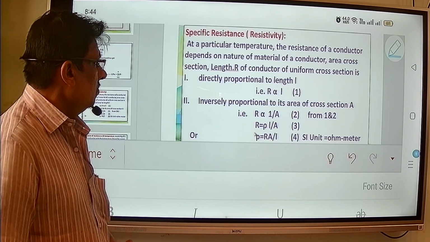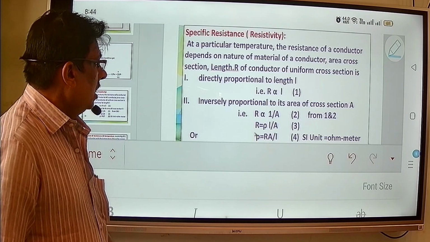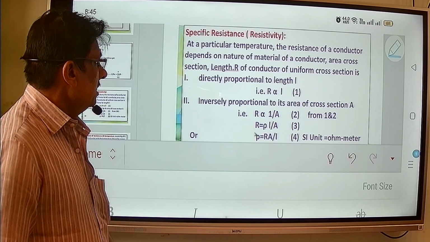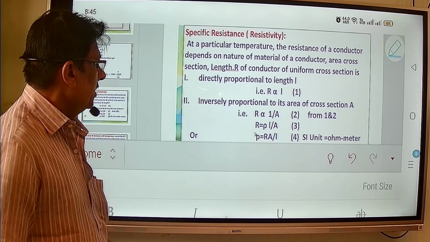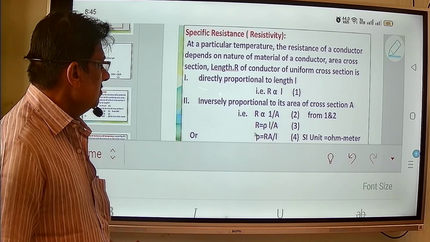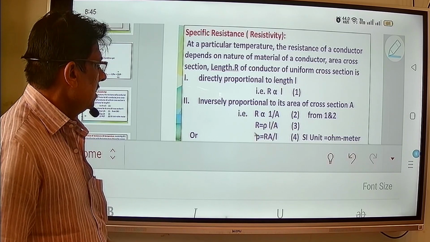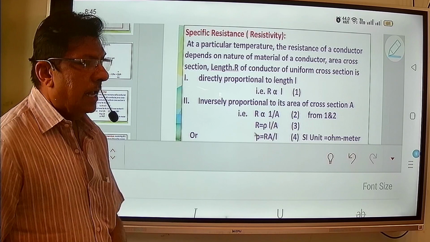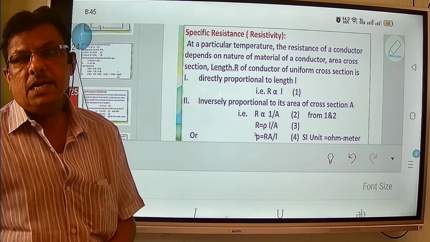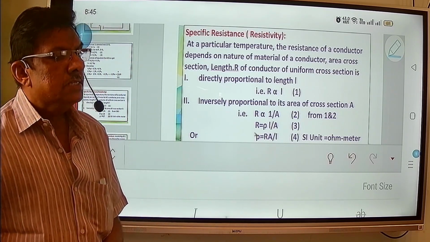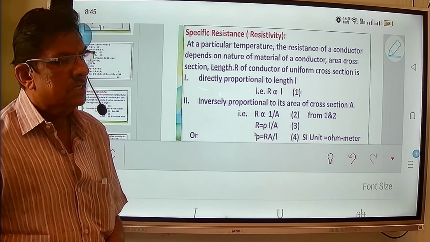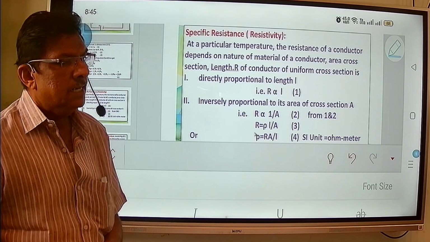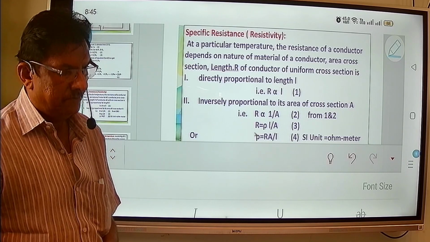Now if we take into consideration all these 3 points, here the nature of the material cannot be given separate notation, and hence we say that two things are very much important for us. One is the area of cross section and other is the length of the wire.